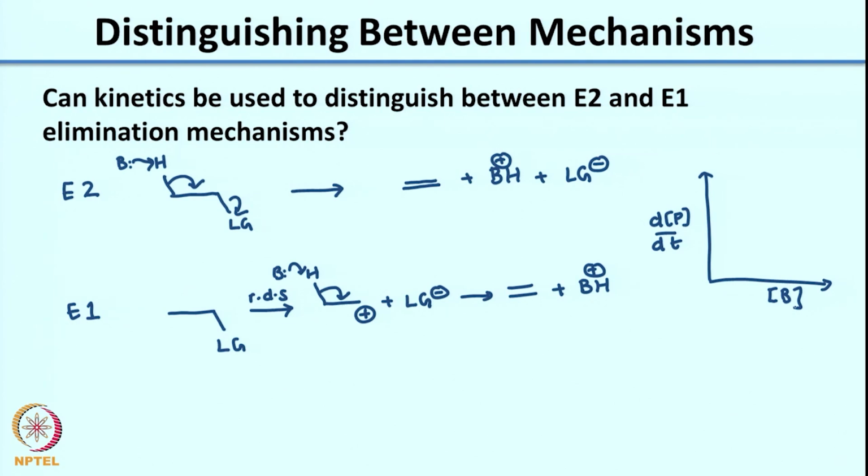In an E2 mechanism, you would see a linear dependence, whereas for an E1 you would see no dependence. So this would be a very quick way to distinguish between an E2 and an E1 mechanism.